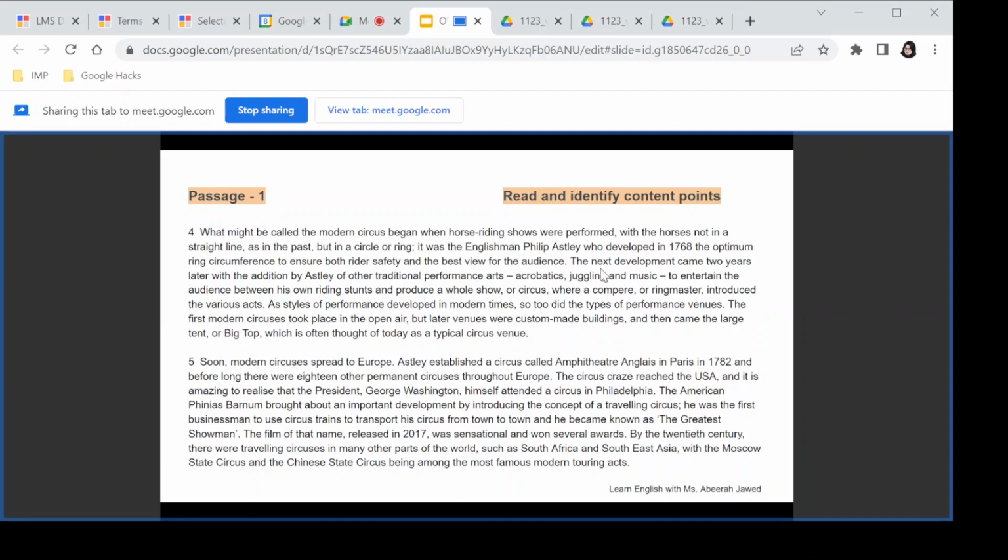In this case, this development is written very explicitly, very clearly on the surface, right? Because the writer himself is saying the next development. So it came 2 years later with the addition by Astley of other traditional performance arts, acrobats, juggling, and music, to entertain the audience between his own riding stunts and produce a whole show. All right, do we include this point?